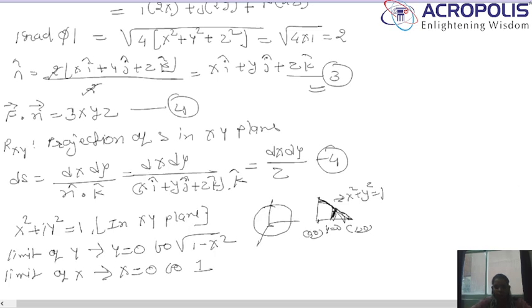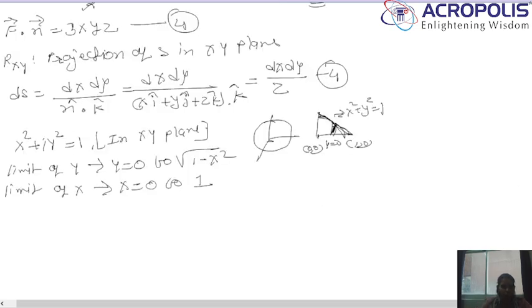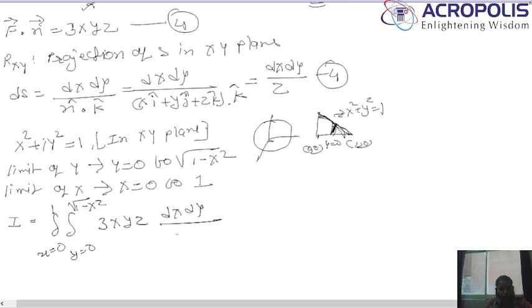Now we put all the values in I. Our I will be the double integral over S, with the limit of x 0 to 1 and the value of y 0 to under root of 1 minus x square. F dot n cap is 3xyz, and ds is nothing but dx dy upon z.